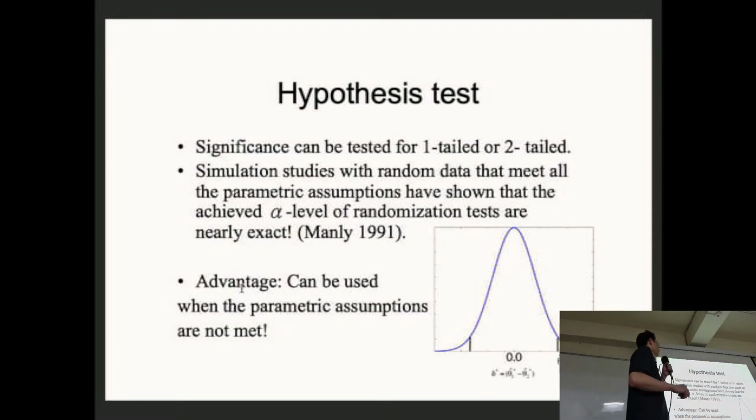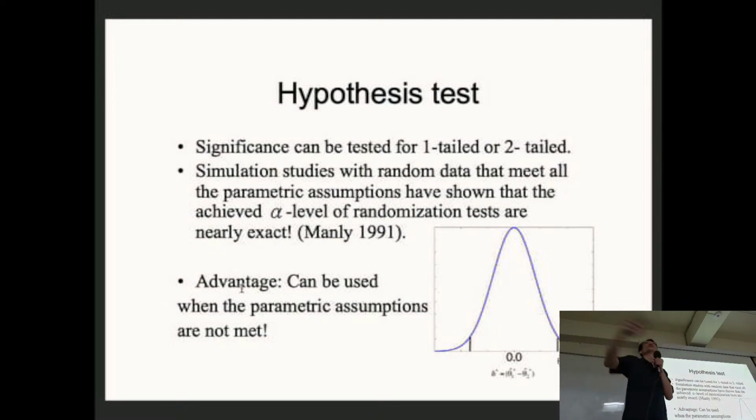What we really need to do is generate a randomized version of theta 1 minus theta 2. I call it theta 1 hat star minus theta 2 hat star. I could call it delta star. Delta means difference. So that's the randomized version of your delta. You can do this 1,000 times, 10,000 times, and then you plot the null distribution of your difference in mean.